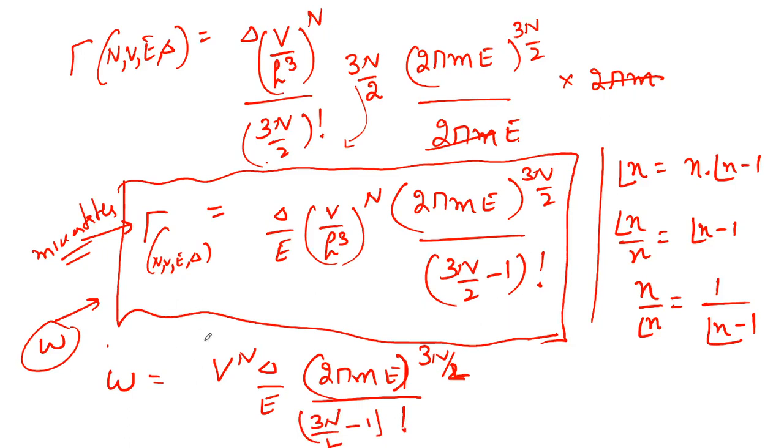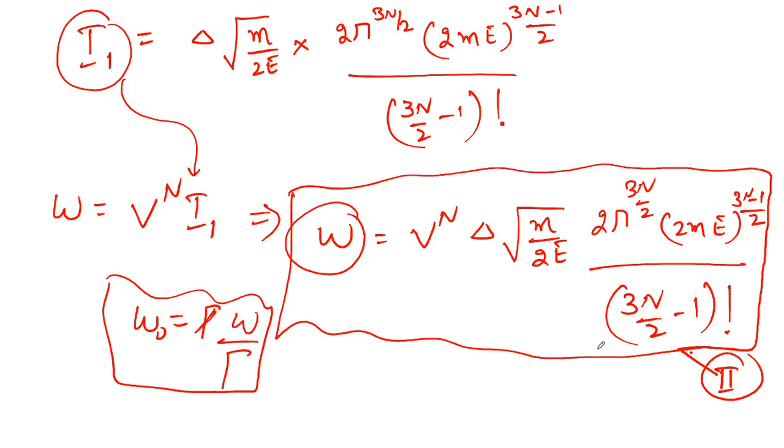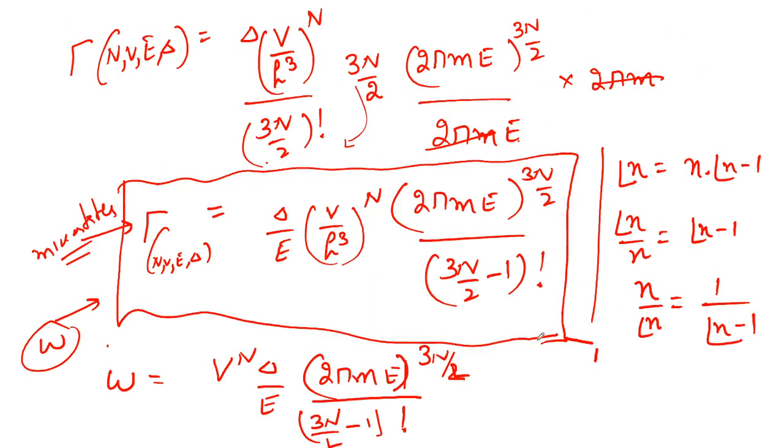So when you relate these two equations, this is equation number 2 and this is equation number 4, and when we equate equation number 2 and 4, from that we can calculate the value of this omega naught, that is equal to omega over sigma.